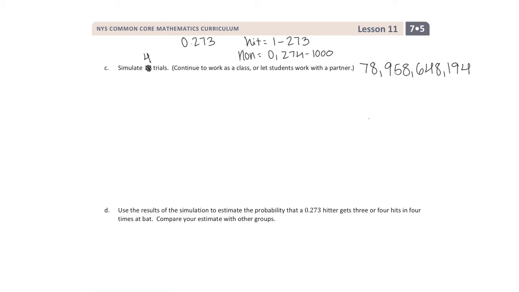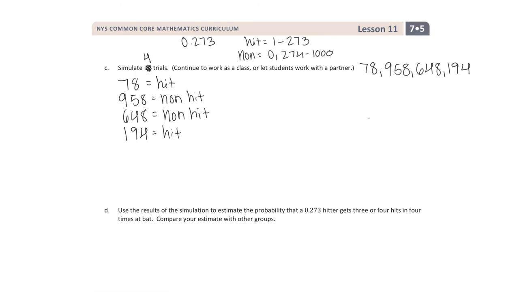Now looking at these numbers here, I know when I have the number 78, this is going to equal a hit. When I have the number 958, that is going to equal a non-hit. When I have the number 648, that is going to equal a non-hit. And when I have the number 194, that is going to equal a hit.